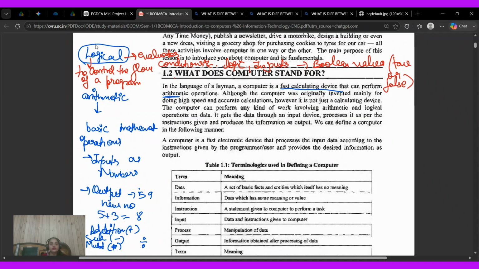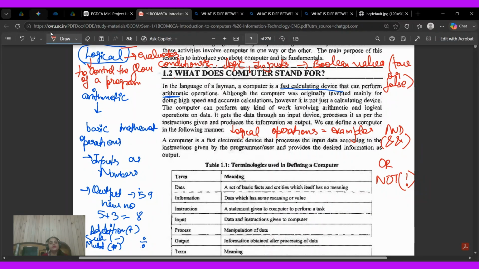For logical operators, the examples are and, or, not. So these are some values, and I hope you got this part.